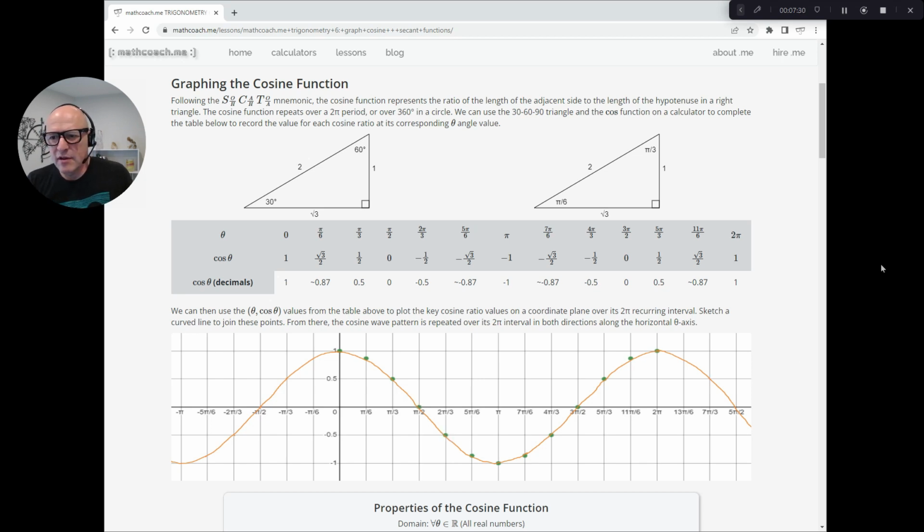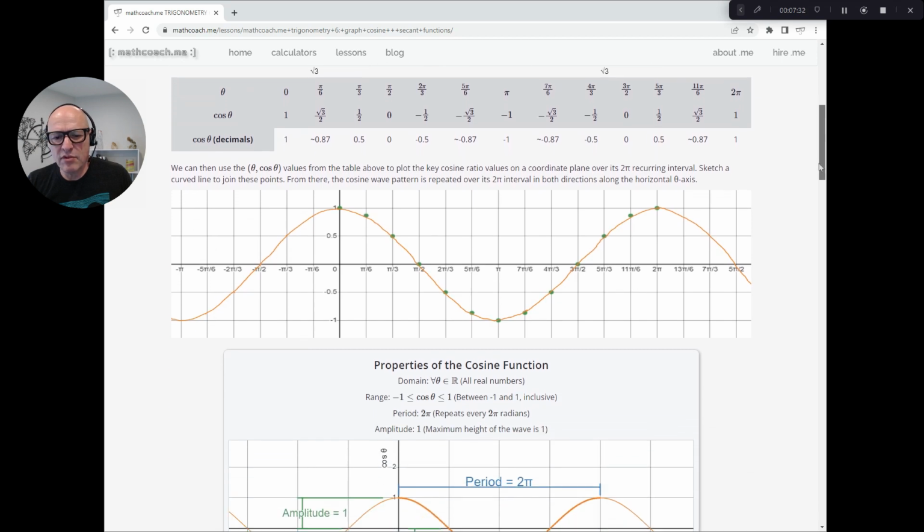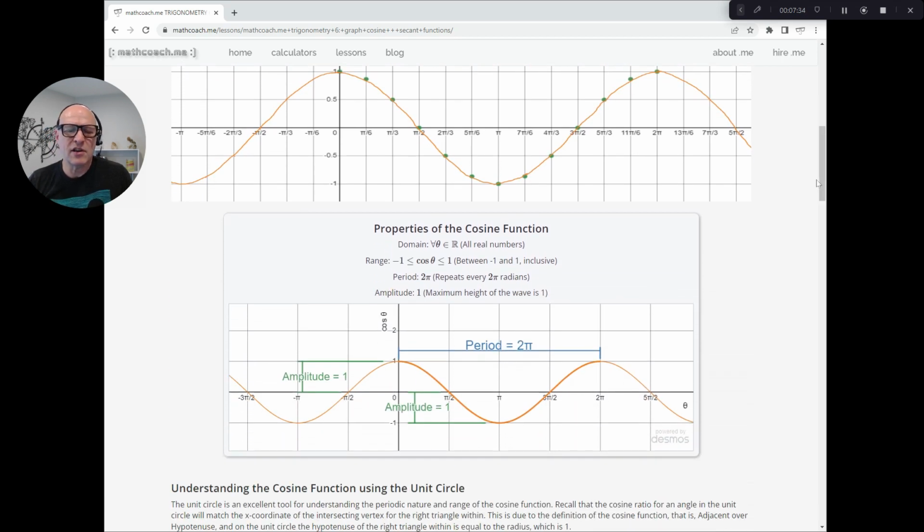Okay, just to review the properties. Properties are the same as the sine function, identical. Okay, so this could be titled properties of the sine function. So the domain is all real numbers, for your theta values. The range is between -1 and +1 inclusive.